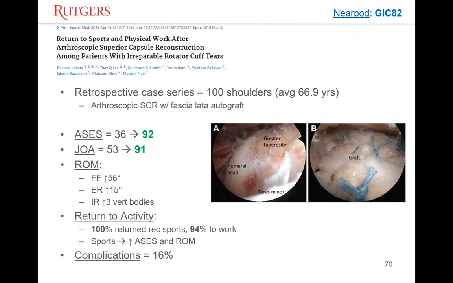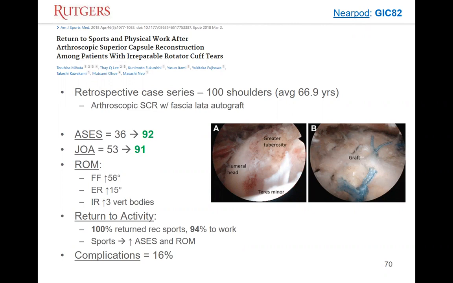At final follow-up, the average ASES and JOA scores improved substantially, as did forward flexion, external rotation, internal rotation. Nearly all the patients who participated in sports or physically demanding jobs returned to their pre-injury level, and those who participated in recreational sports were found to have better improvements in their scores and range of motion.